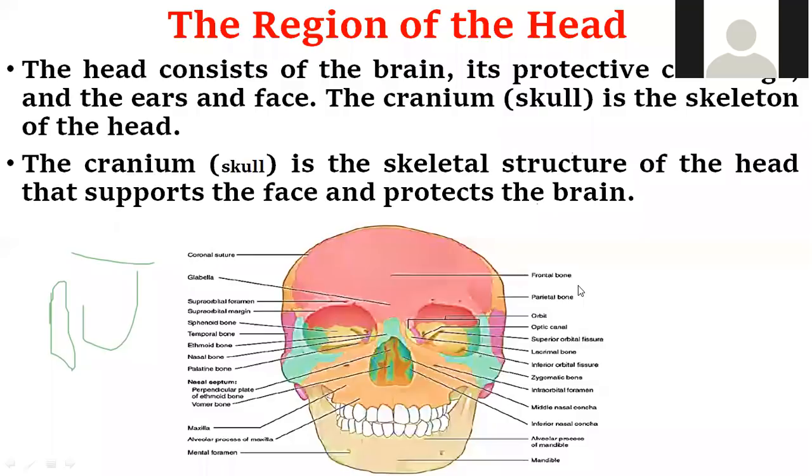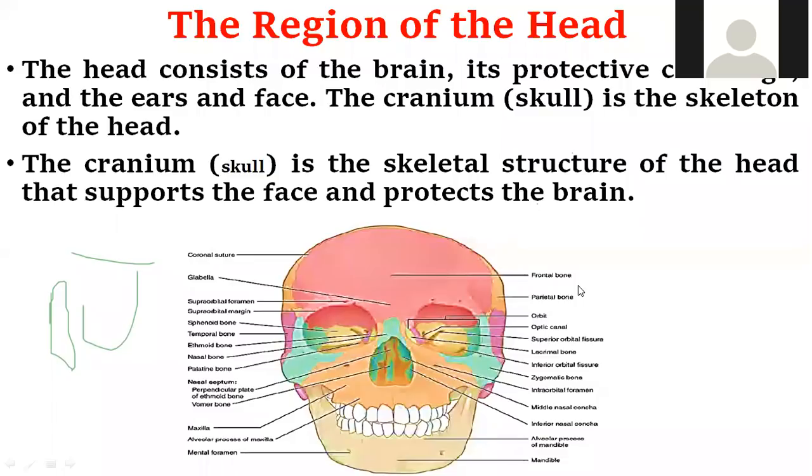The cranium is actually the skull, the skeletal structure of the head. And what does it do? It supports and protects the organs within it.